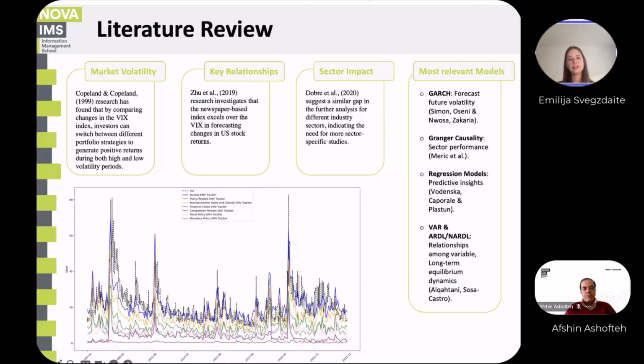Key methodologies included the GARCH model for time series analysis, Granger causality tests, different regression models, and other models for comparing the EMV with sector indices in the S&P 500.